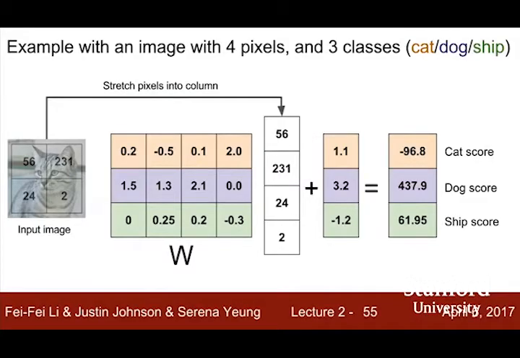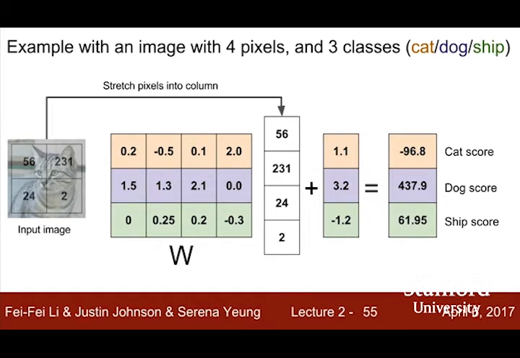If you think pictorially about what this function is doing, in this figure we have an example on the left of a simple image that is just 2 by 2, so it has 4 pixels total. The way that the linear classifier works is that we take this 2 by 2 image and stretch it out into a column vector with 4 elements. And in this example, we are just restricting to 3 classes, cat, dog, and ship, because you can't fit 10 on a slide.